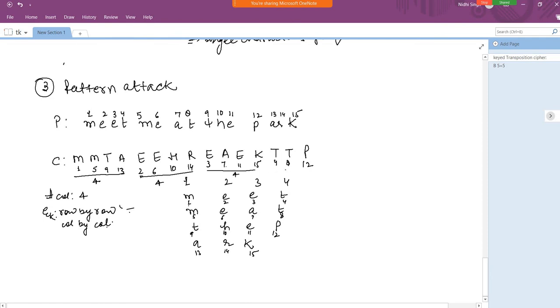And 4, 8, 12, the difference is 4. So that is the pattern. The pattern is repeated. There are 4 blocks, and each block has a difference of 4. So the pattern is a 4-digit difference in each section of block.